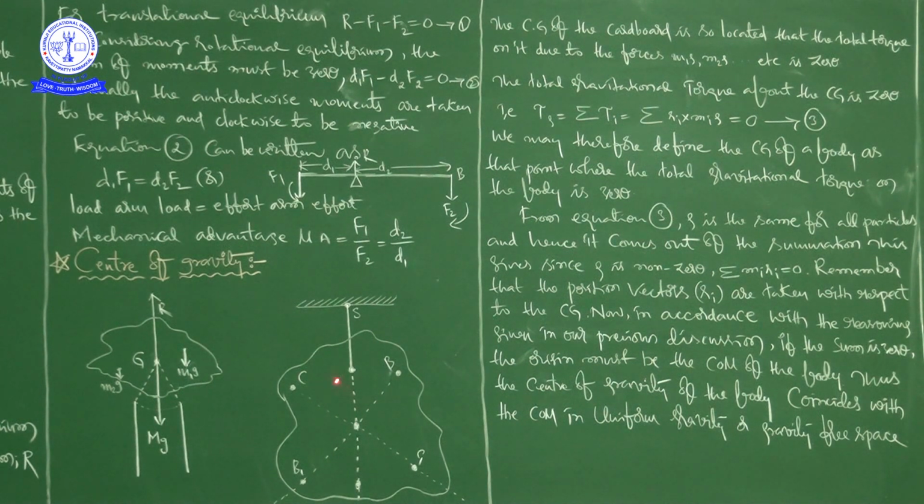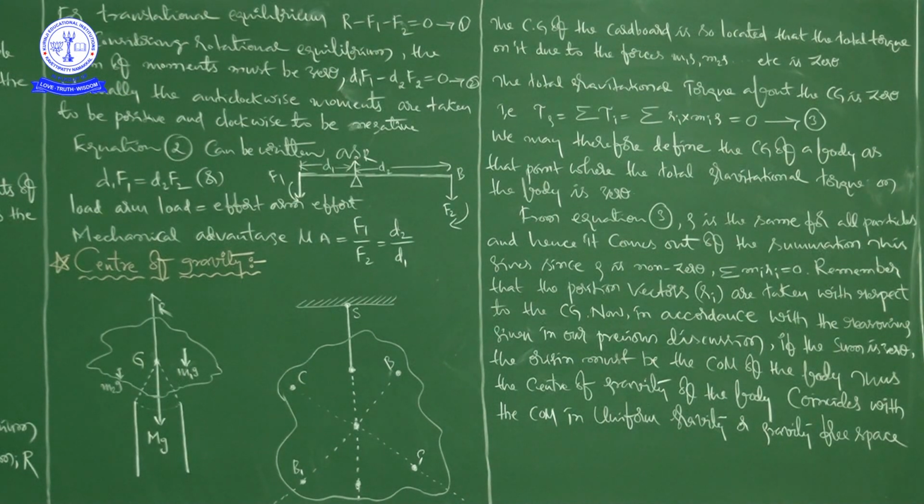So the center of gravity lies on the vertical line through the point of suspension of the body. This is the point of suspension, and this is the irregular shaped body, and it is a picture which gives information while finding the center of gravity for an irregular shaped body.